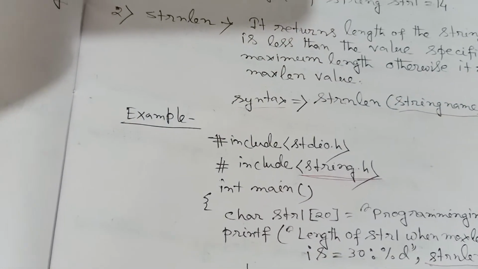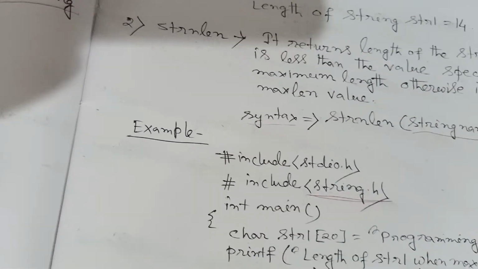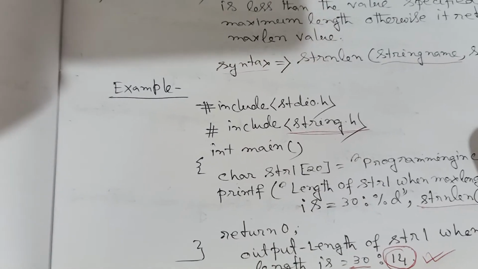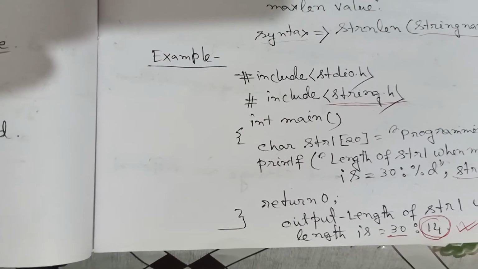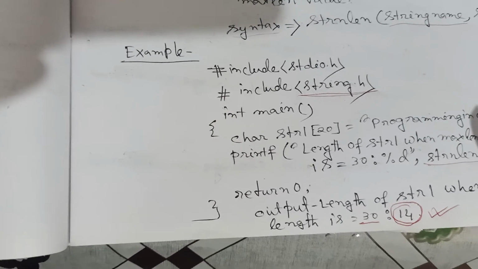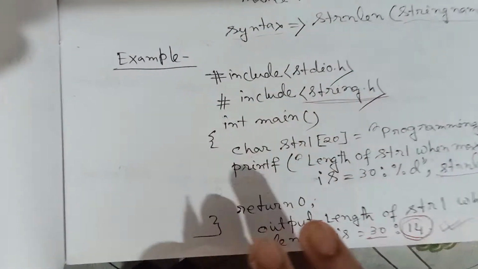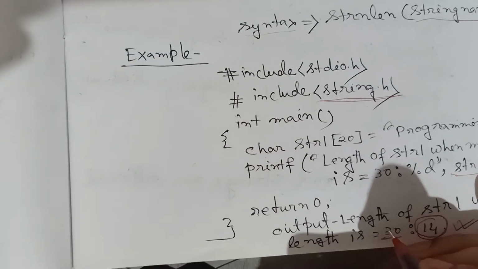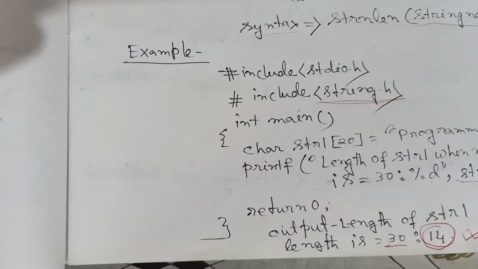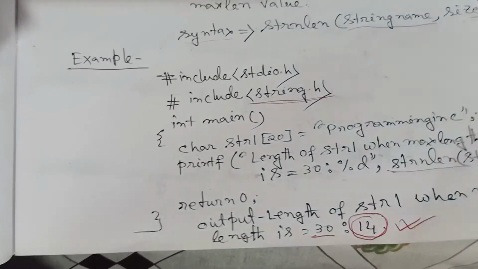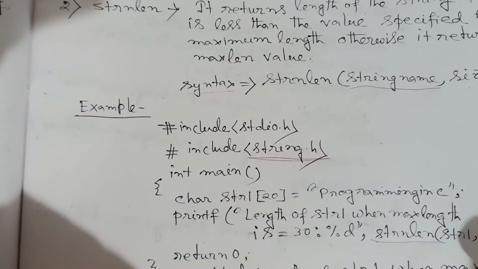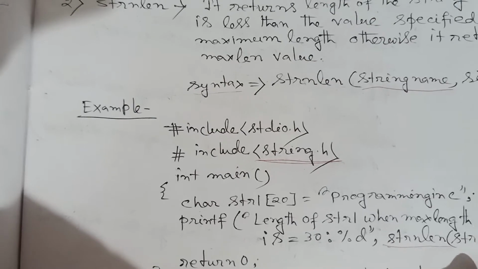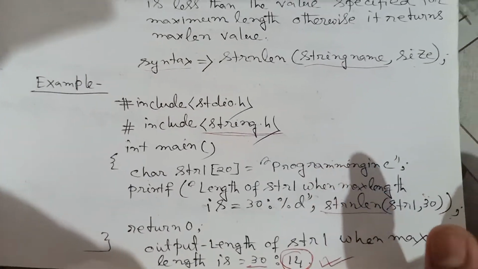It also shows the maximum value, and also the length of the string. So this is about the strnlen function. This is the second function.